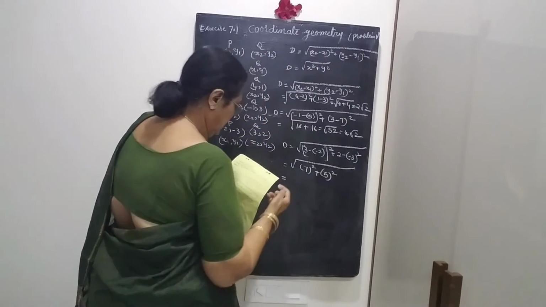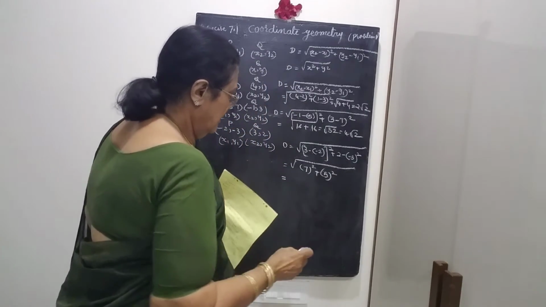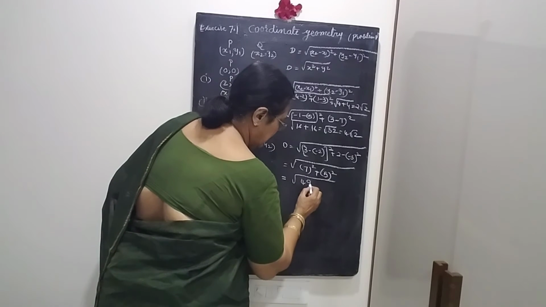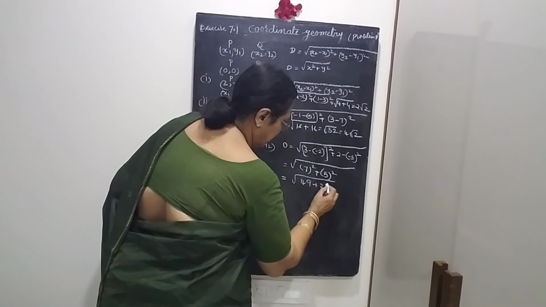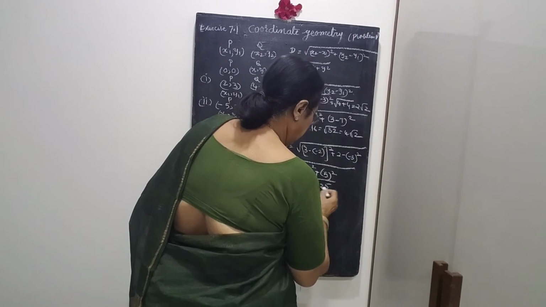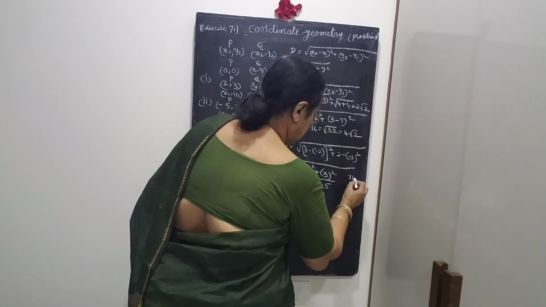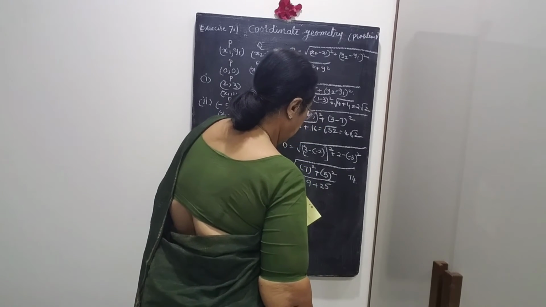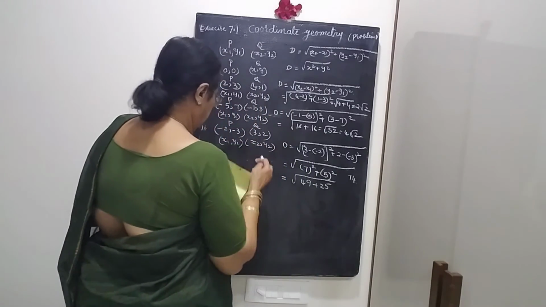That is equal to 49 plus 25, that is 74. No, 5 square is 25. You check again.